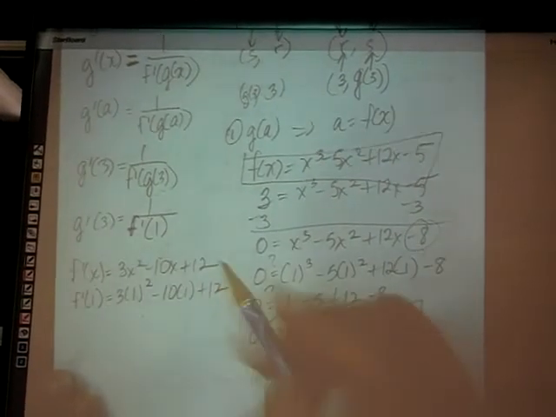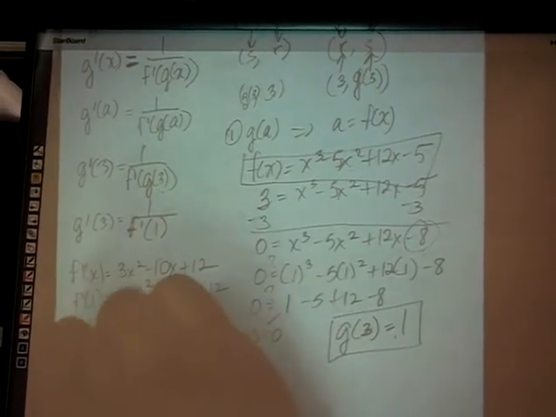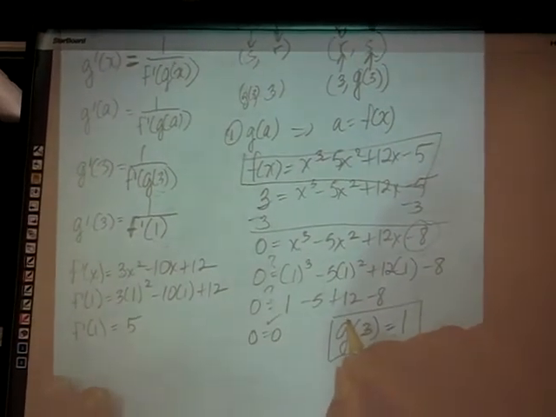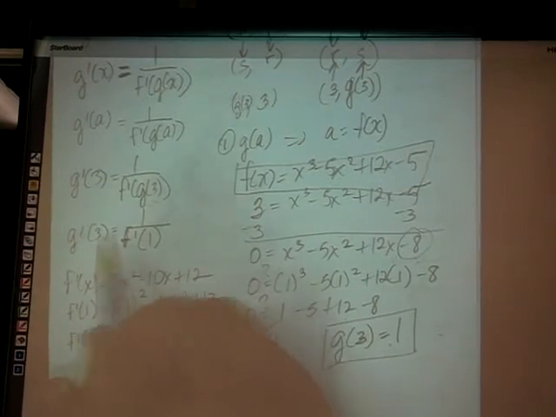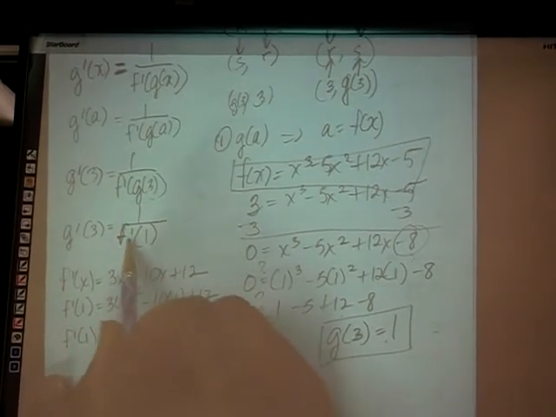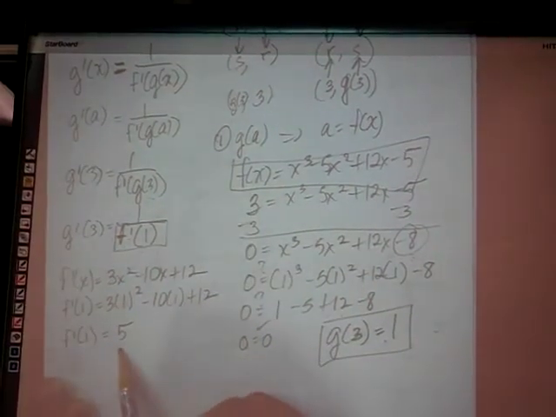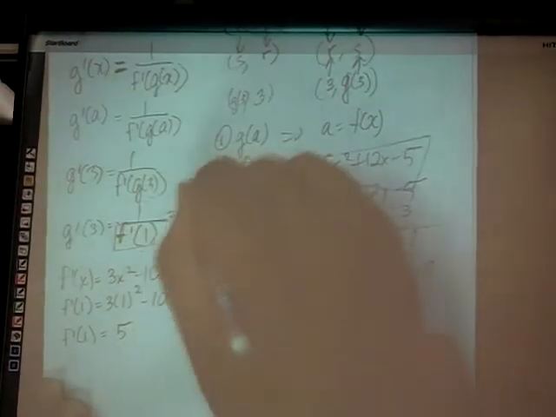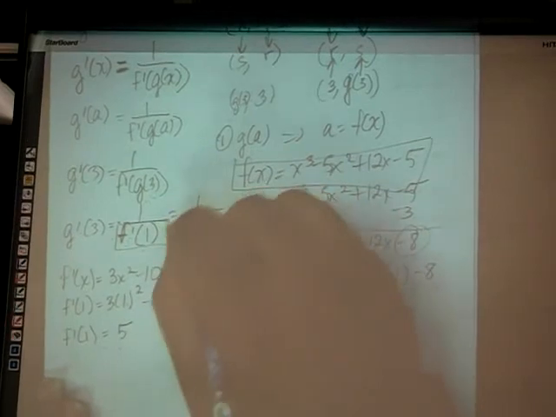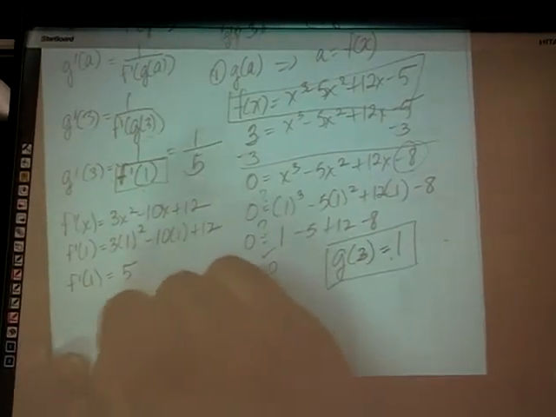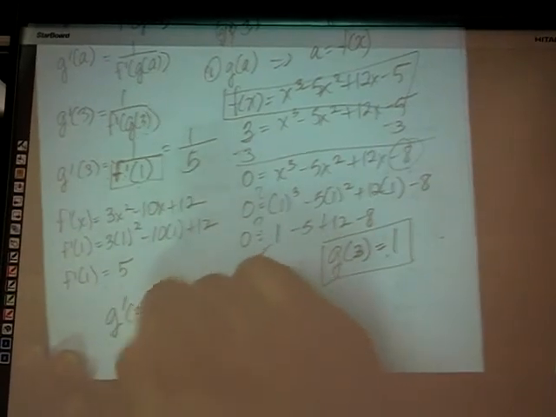Plus 12 would be 5. So f prime of 1 is 5. So look, g prime of 3 is equal to 1 over f prime of 1. Well, I know that f prime of 1 is 5, so that's equal to 1 over 5. So we just proved that g prime of 3 equals 1 over 5.